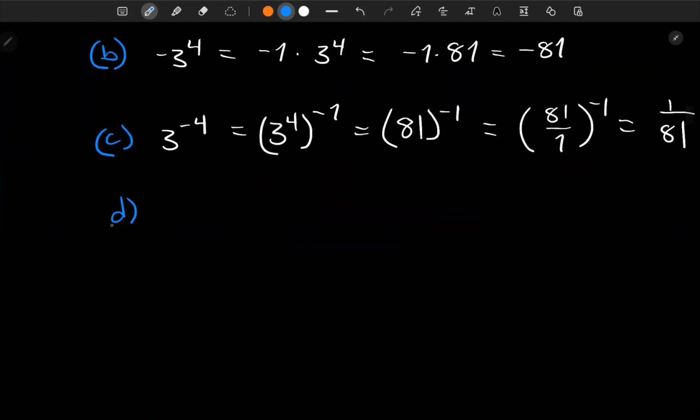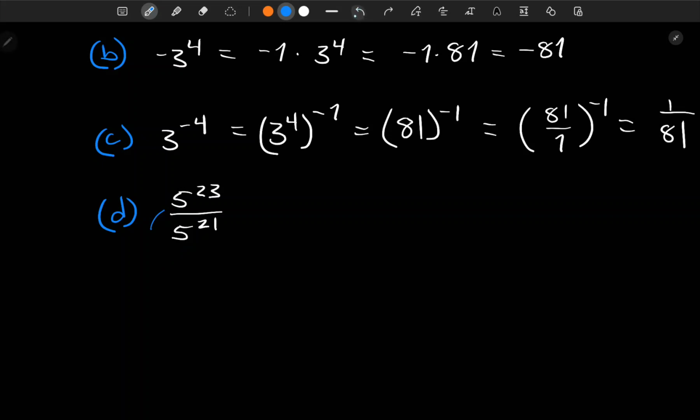Next, suppose you're given the following fraction. Suppose you're given 5^23 over 5^21. Well, we first notice that the two numbers inside of the exponents are both 5.